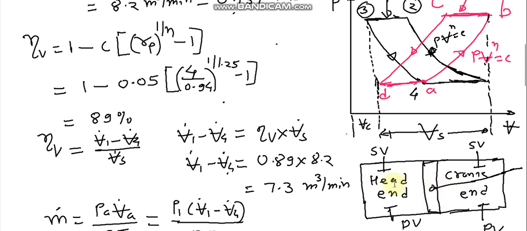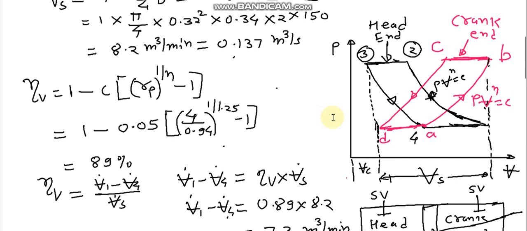At the head end, where the piston travels in this direction, there is compression and delivery. So in one revolution of the crankshaft, two cycles are completed, one at head end and one at crank end. So Nc equals twice N in a double acting air compressor.